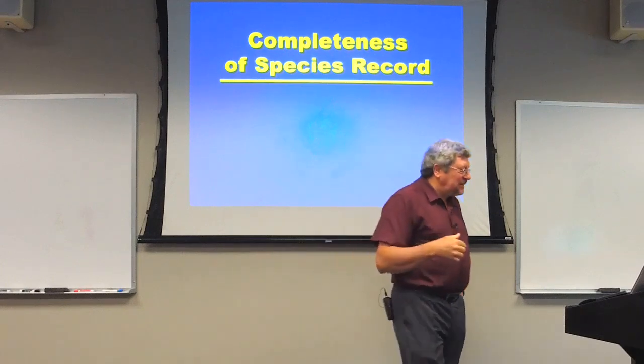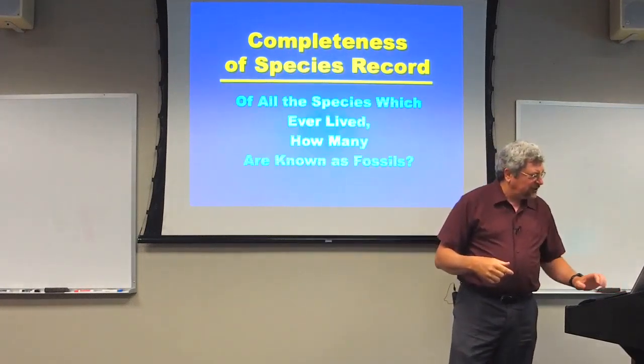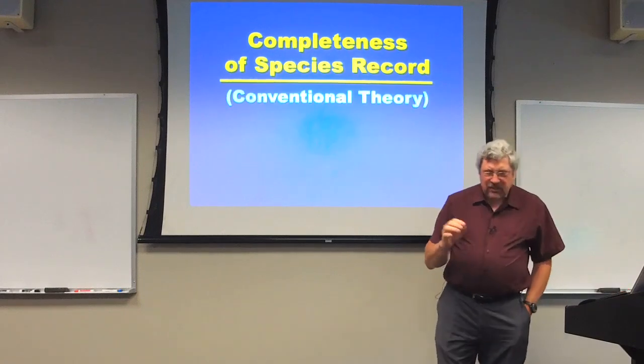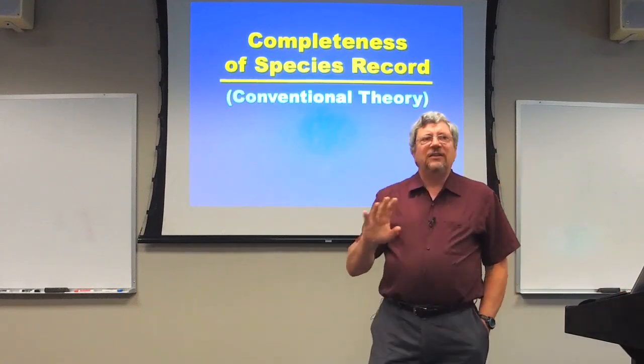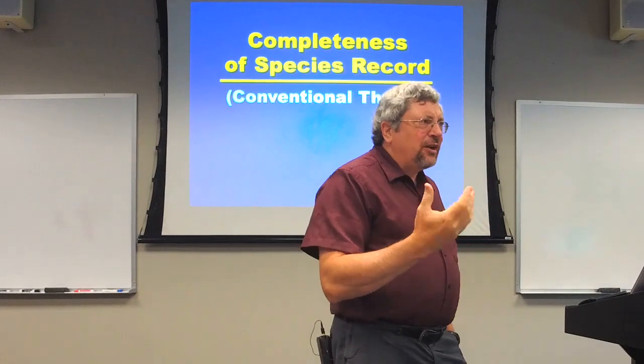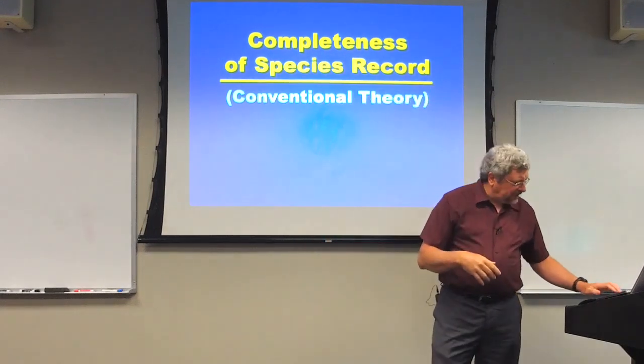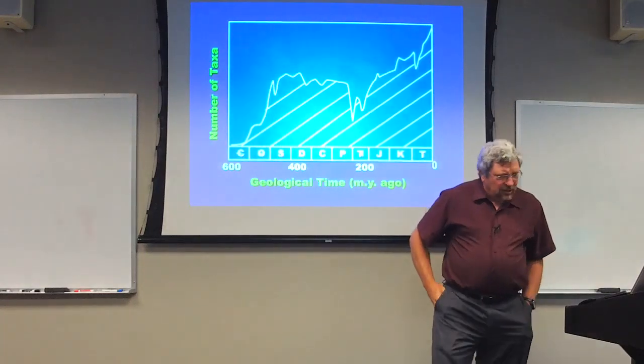How many species have been preserved as fossils? And I'm going to first begin with trying to calculate or estimate that from conventional theory. What would conventional theory expect on this particular issue?